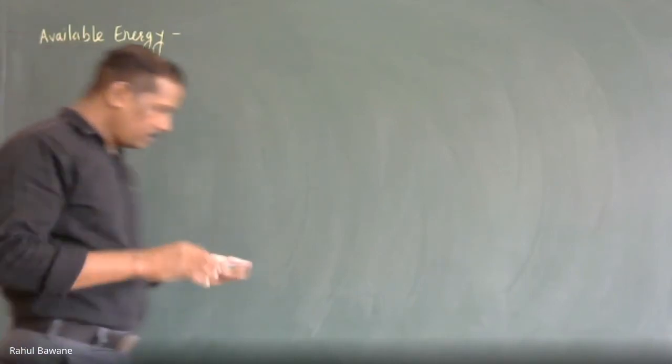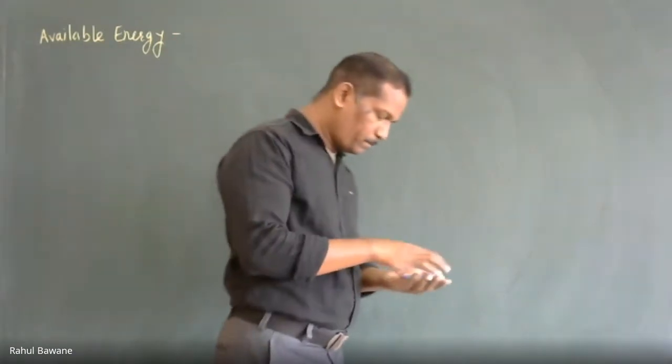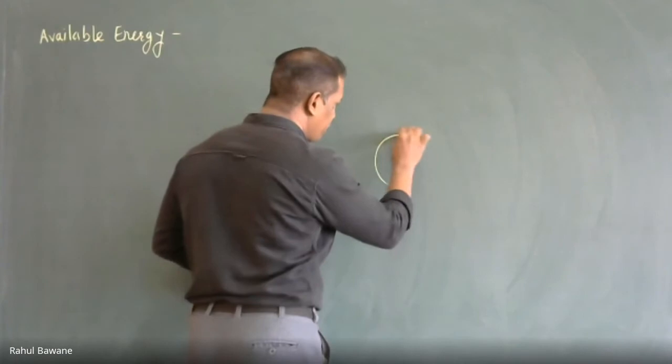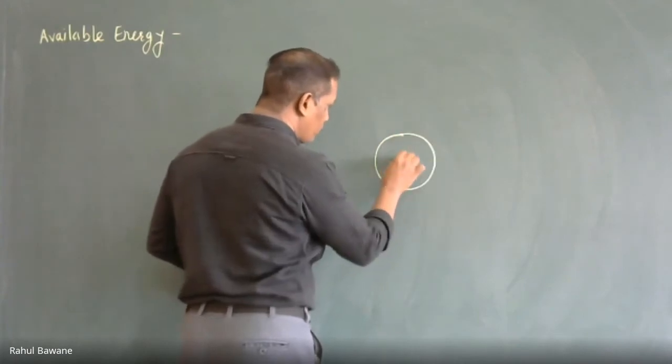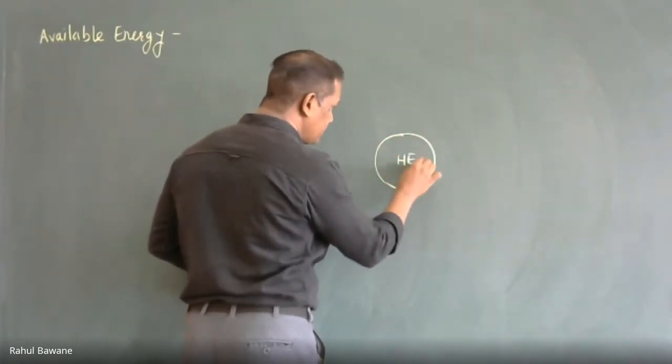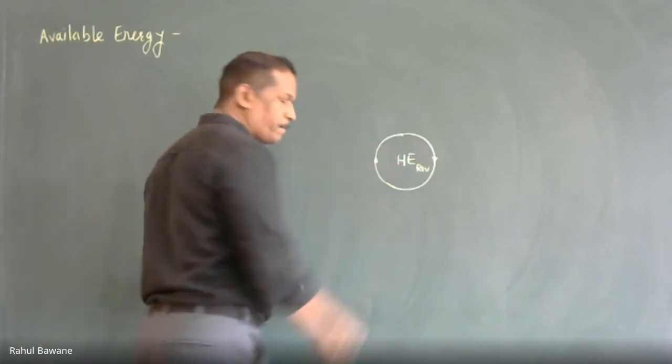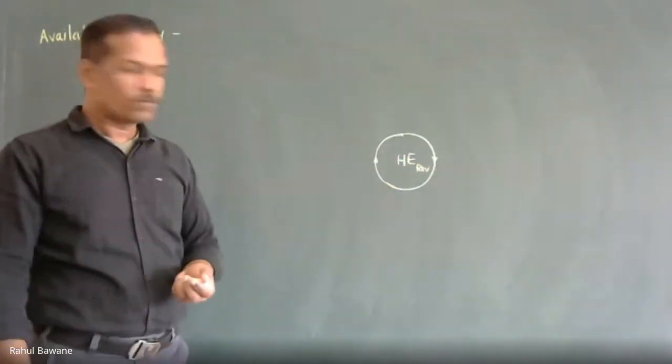Now, as I said, the available energy. Let us see one example. Suppose there is one heat engine, and this heat engine is reversible.